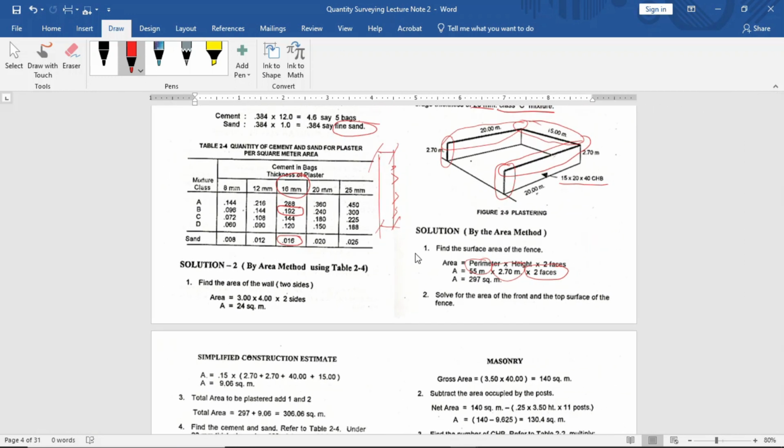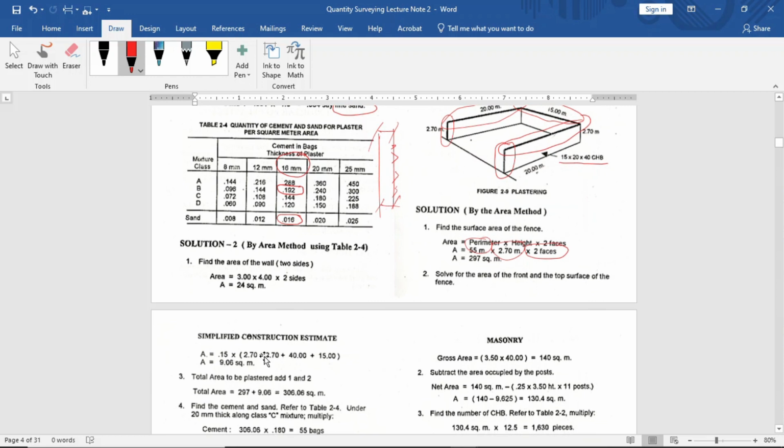Then, 2.7 para sa front. Plus 2.7 ulit kasi dalawa yung front. Plus 40 kasi ito pinagsama na ang 20 ng dalawa. Plus 15 ulit. 0.15 times 2.7 para sa front na dalawa. Tapos plus ulit 40. 20 plus 20, 40. Tapos 15. Ito yun. Kasi yung top tsaka front ay ipa-plaster pa daw. So, total, plus 15 ulit, is 9.06 square meters.